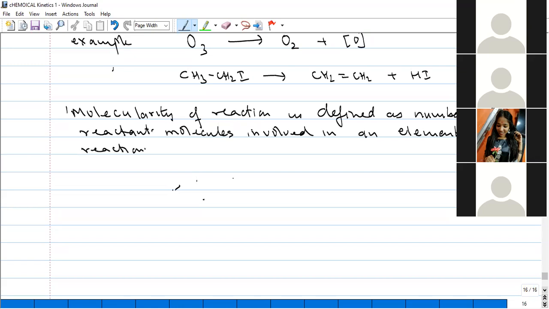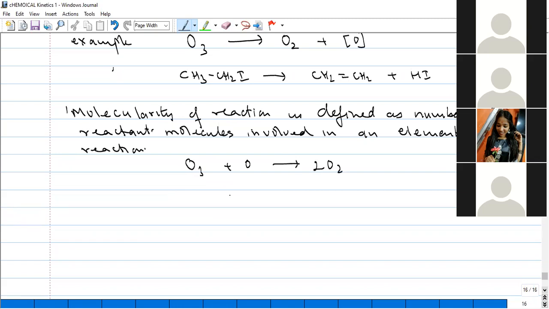For example, if you take this reaction, O3 plus O giving you 2O2.